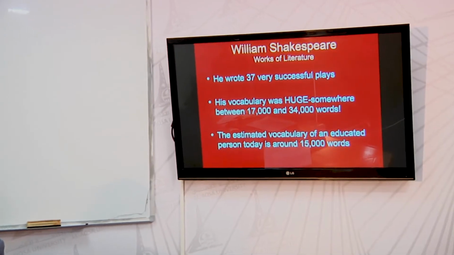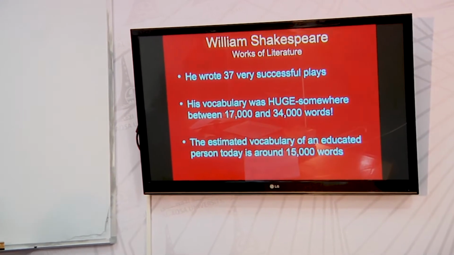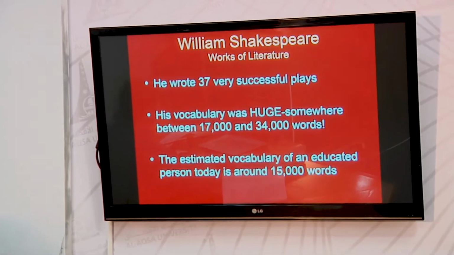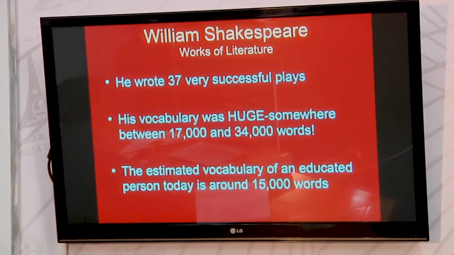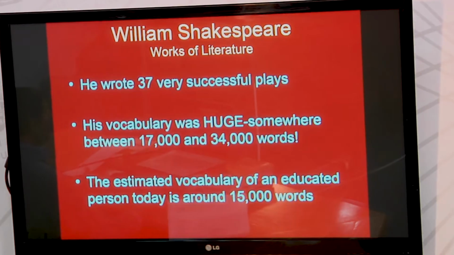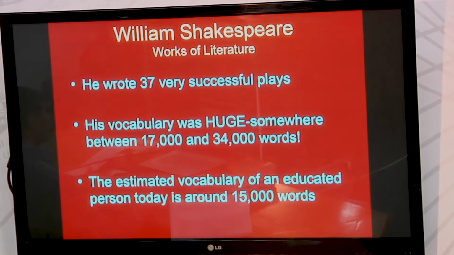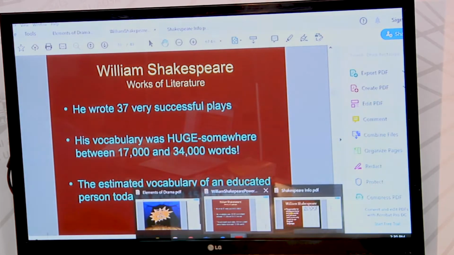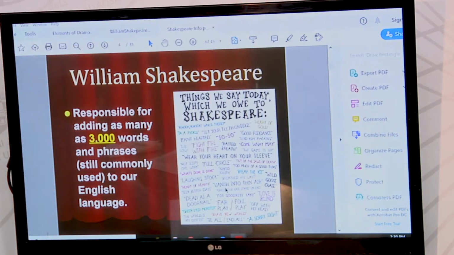Shakespeare does not only have influence on literature, but he also had a huge influence on the formation of the English language, okay? He nearly added 3,000 words to the language, as we can see here. He is responsible for adding as many as 3,000 words and phrases still commonly used in our English language today.